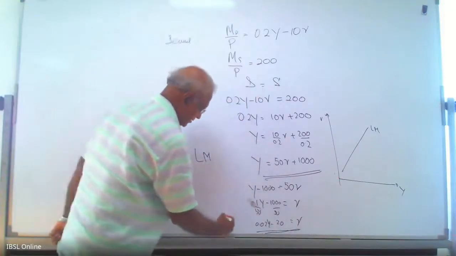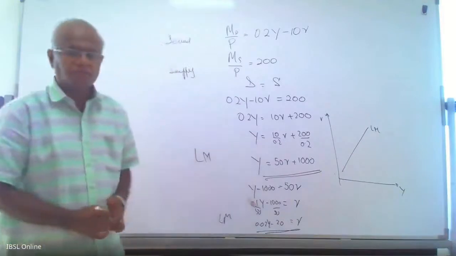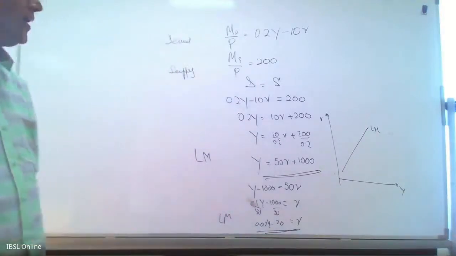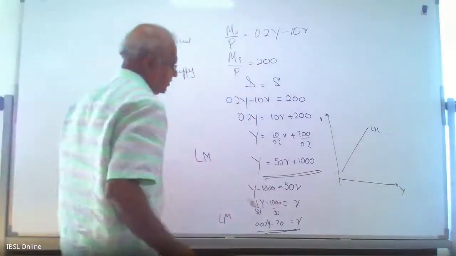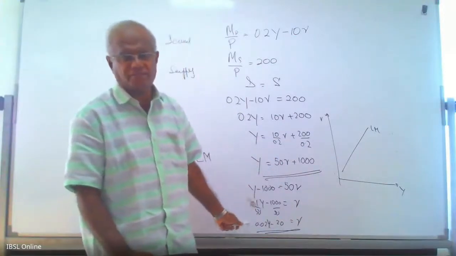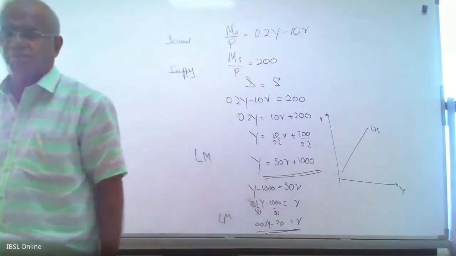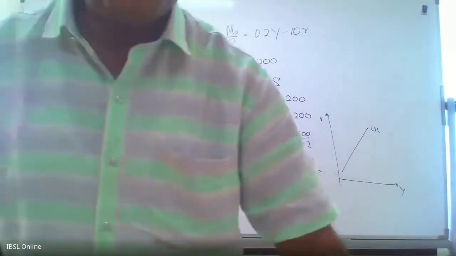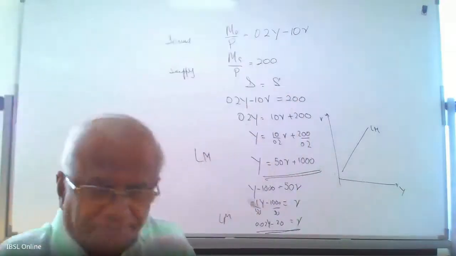Both are correct, either Y as the subject or R as the subject, no problem. LM curve, positive relationship. Mathematically, you are all familiar: y equals mx plus c. Just take down that.